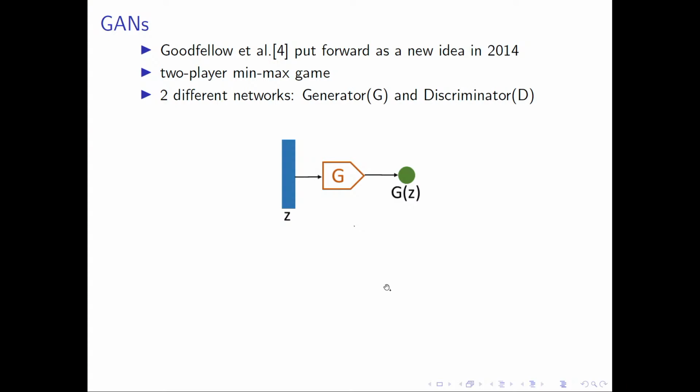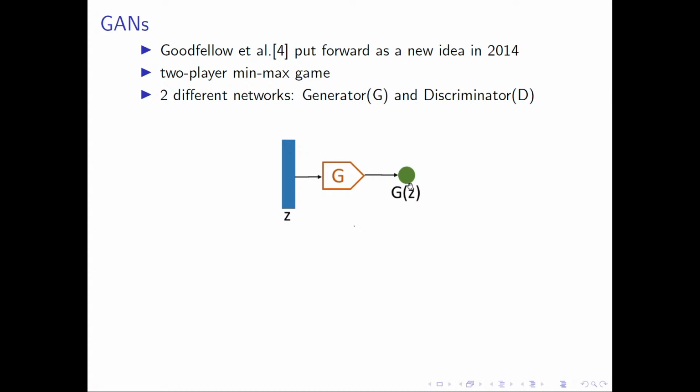On the other hand, let me check the generator. The generator takes noise data. For example, it takes this data from a normal distribution or binomial distribution, whatever the problem says. Then it tries to create meaningful data.